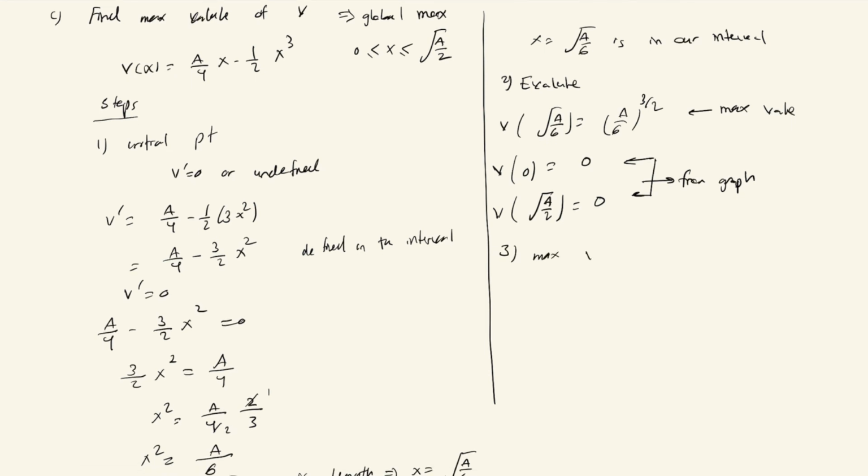Therefore, we have a maximum volume at x equal to square root of a over 6, and the volume value is gonna be a over 6 to the power 3 over 2.